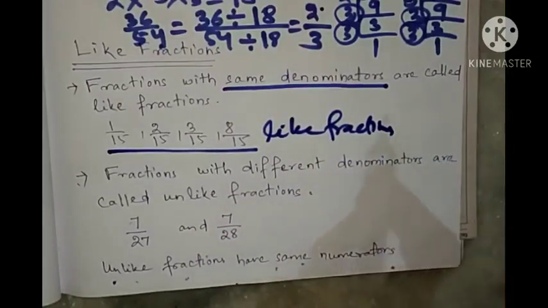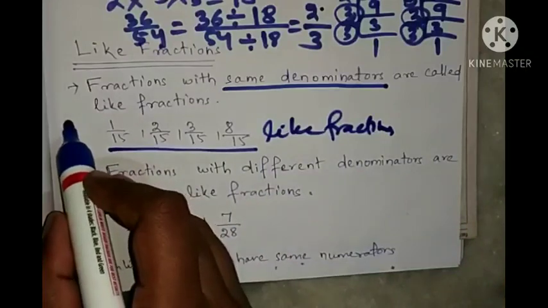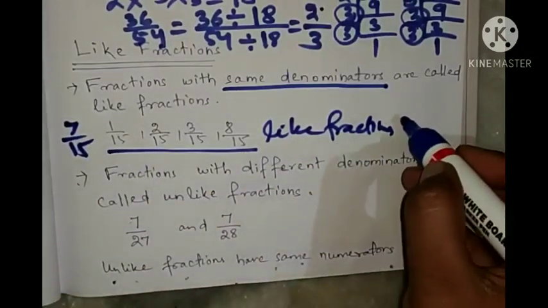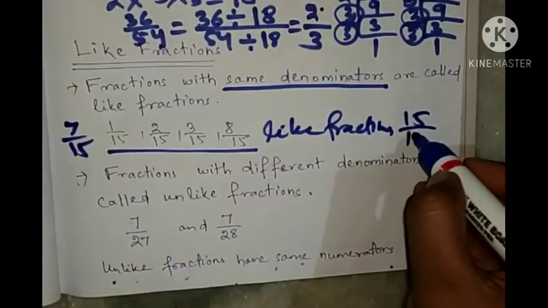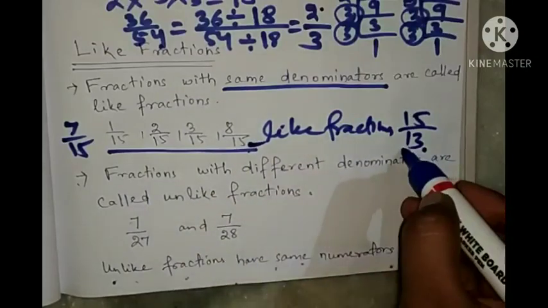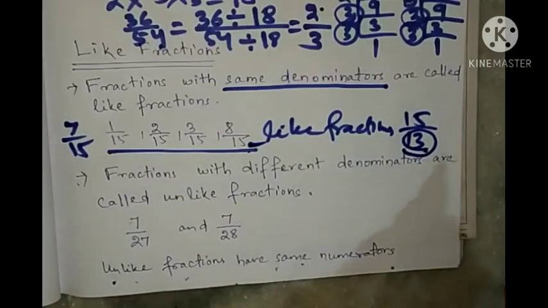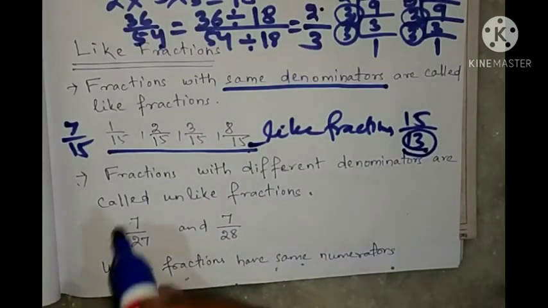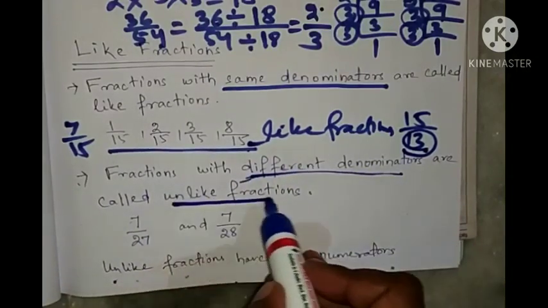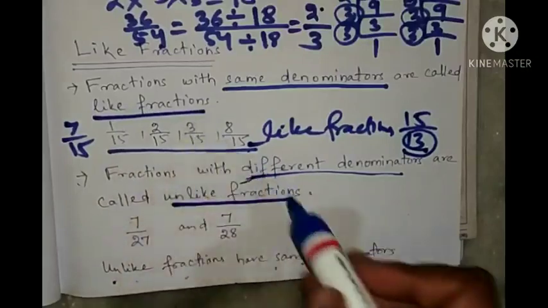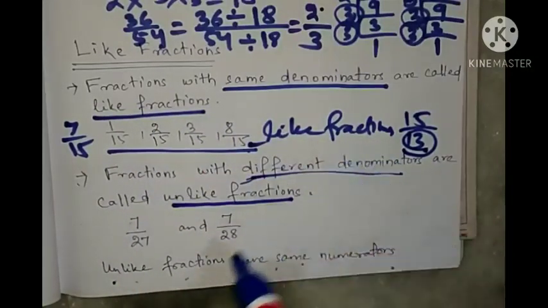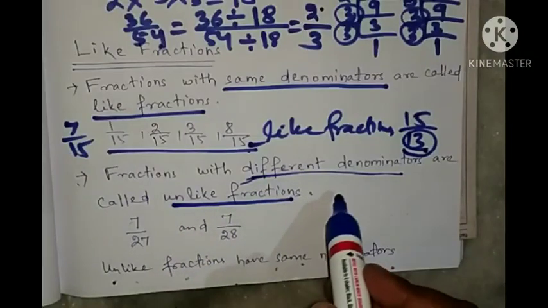If I write 7 by 15, it is also a like fraction. If I write 15 by 13, is it a like fraction? No, because they do not have the same denominator. Fractions with different denominators are called unlike fractions.